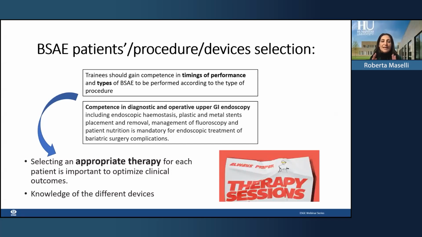Because again, crucial things are the timing of performance of the procedure and also the type of procedure depending on the type of complication. That means finally, altogether, being able to select an appropriate therapy for each type of patient to optimize clinical outcomes. And altogether, we should have the best knowledge possible of the different devices that you can use to treat this type of complication.